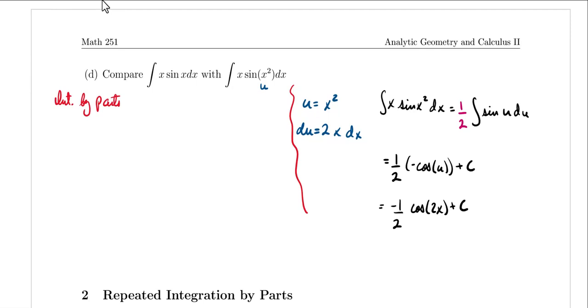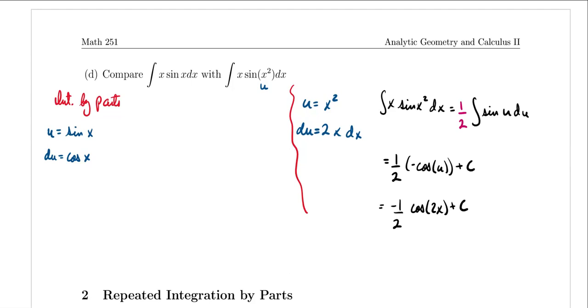Alright, so for this one, which one is a better choice of u? The x or the sine of x? Now we can go ahead and maybe use the acronym LIATE to figure out which one would be a better choice of u or dv, but again, I want to emphasize here that we don't need that acronym. We can also just think about, okay, if we define the u as the sine of x, our du would be a cosine of x, which itself is not a problem, but one of them is not necessarily simpler than the other.